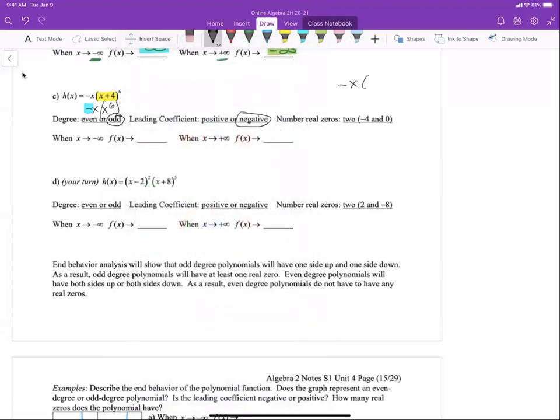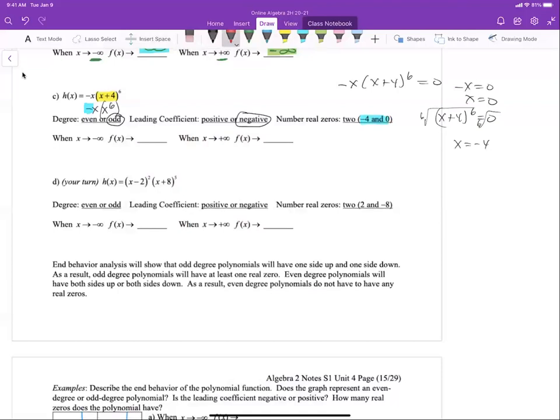Negative x times x plus 4 to the sixth, I can set that equal to 0. I know negative x equals 0, so x equals 0. I can also set x plus 4 to the sixth power equal to 0, take the sixth root of that, and I can find x to be -4. And that is how we got these two values. So instead of having up to 7, I only have 2 in this situation. So it only crosses the x-axis twice.